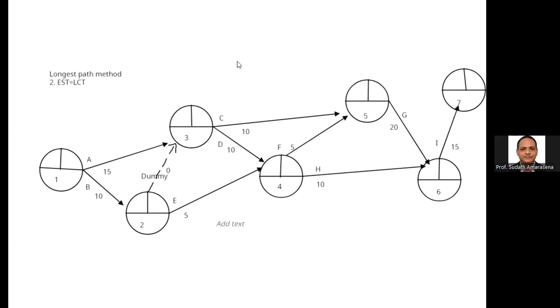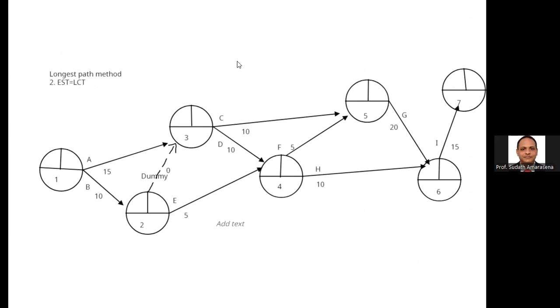You can go from event number 1 to 7 via A, then C, G, I. A 15, C 10, 25, G 20, 45, plus 15, 60. We calculate the total duration. How do we get the 60? We consider each activity duration: A 15, C 10, G 20, I 15.